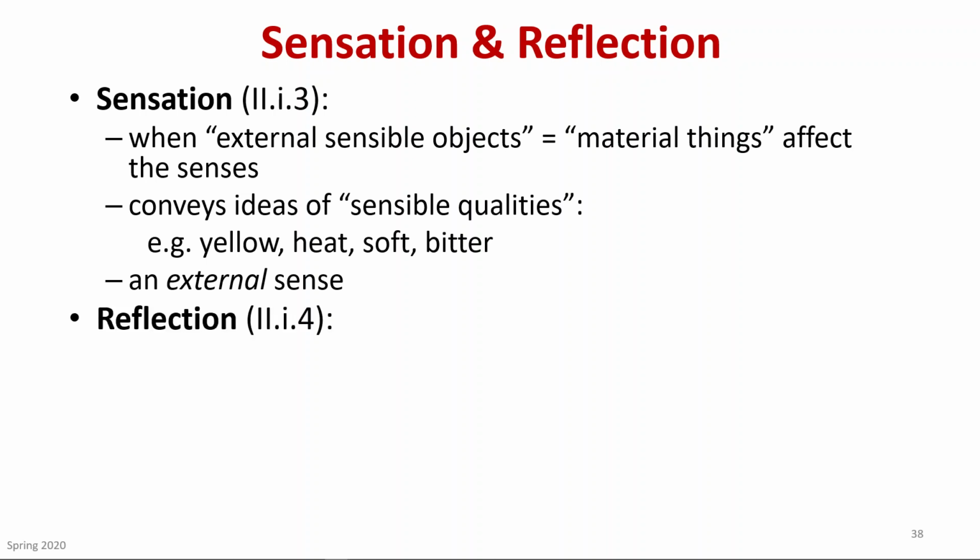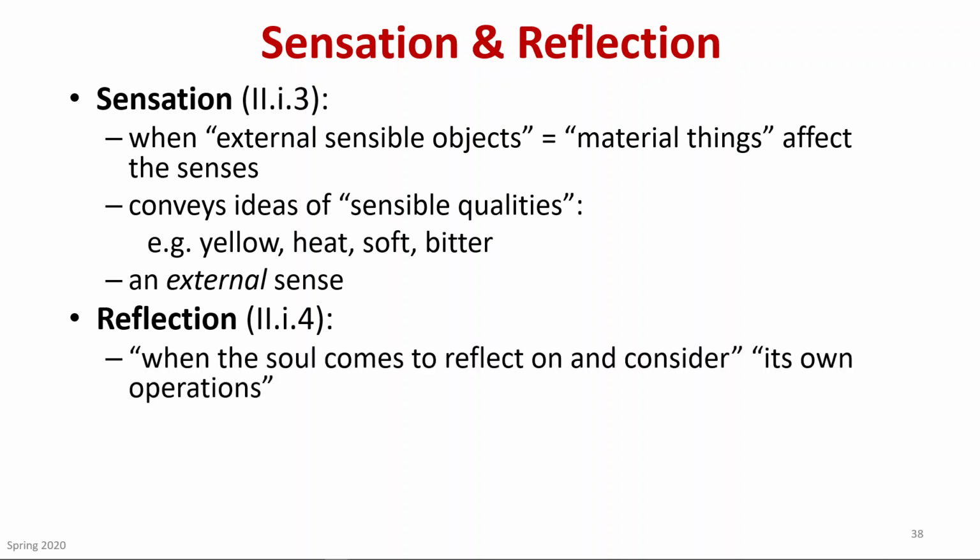But that's not the only source. We said we can also get ideas from reflection. This is a distinct source of ideas. When the soul comes to reflect on and consider its own operations, that is when we engage in reflection, and we can get ideas of reflection.